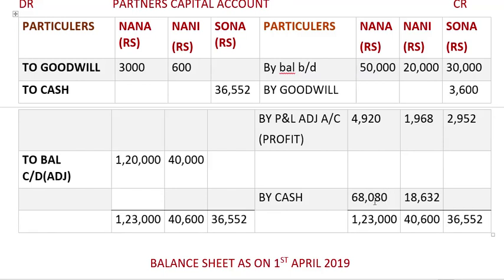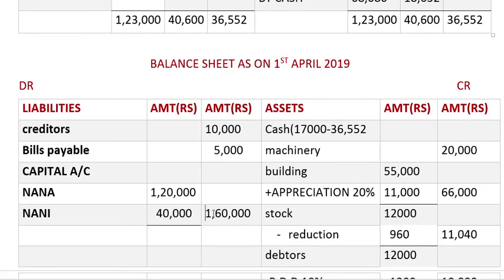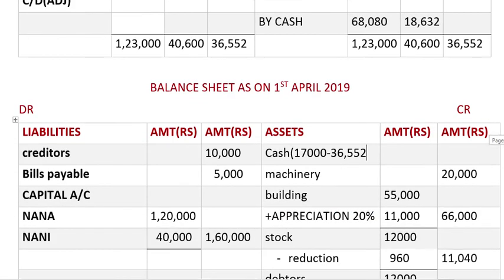Okay, so why have we put this in cash? Because see, when they brought the capital now, it was already low at 50,000, 20,000 and 30,000. Already it was showing low, so obviously they have to bring more amount, so that they can pay Sona also and for other requirements also. And just to show in the balance sheet, they have shown 1,60,000, isn't it? So they will compulsorily have to bring the amount over here in cash.